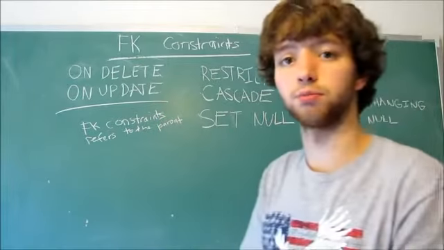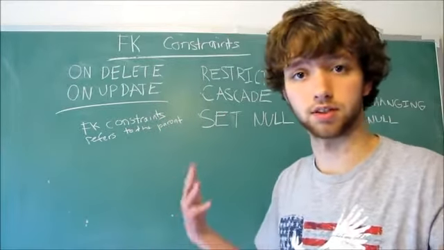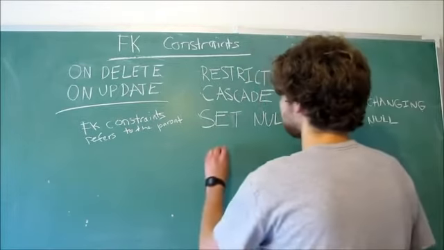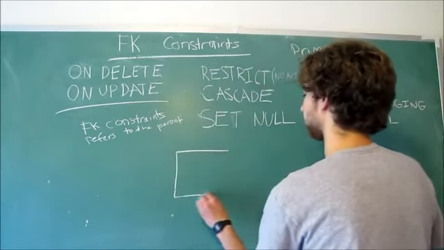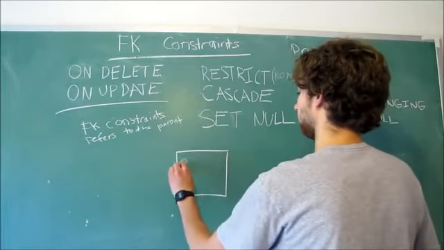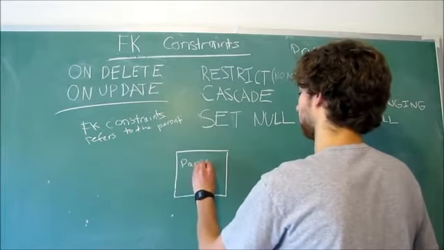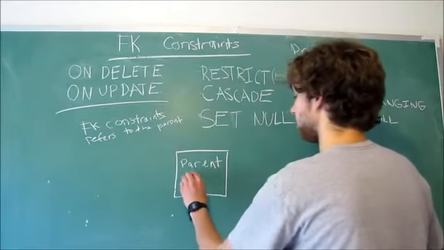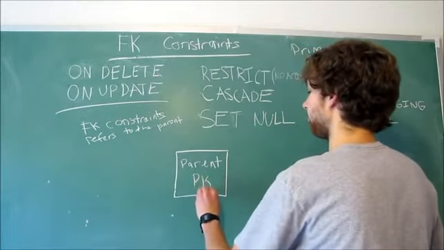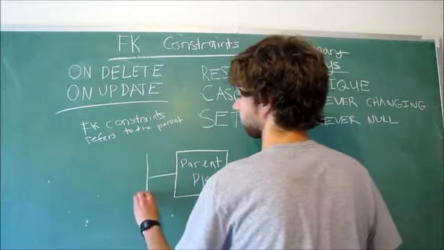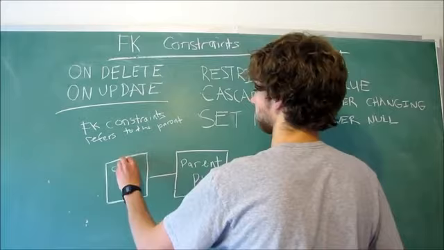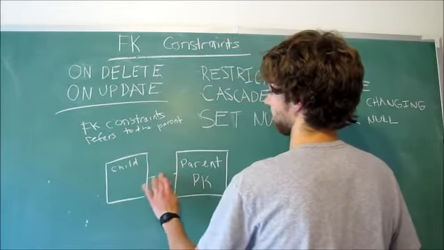Alright, so let's just draw some basic tables. I'm not going to give any specific examples yet. I'll just kind of draw things out. So let's say we have a parent here. And as you learned in previous videos, the parent has the primary key, right? And then let's reference this primary key with a child. Okay, let's not draw this line yet.